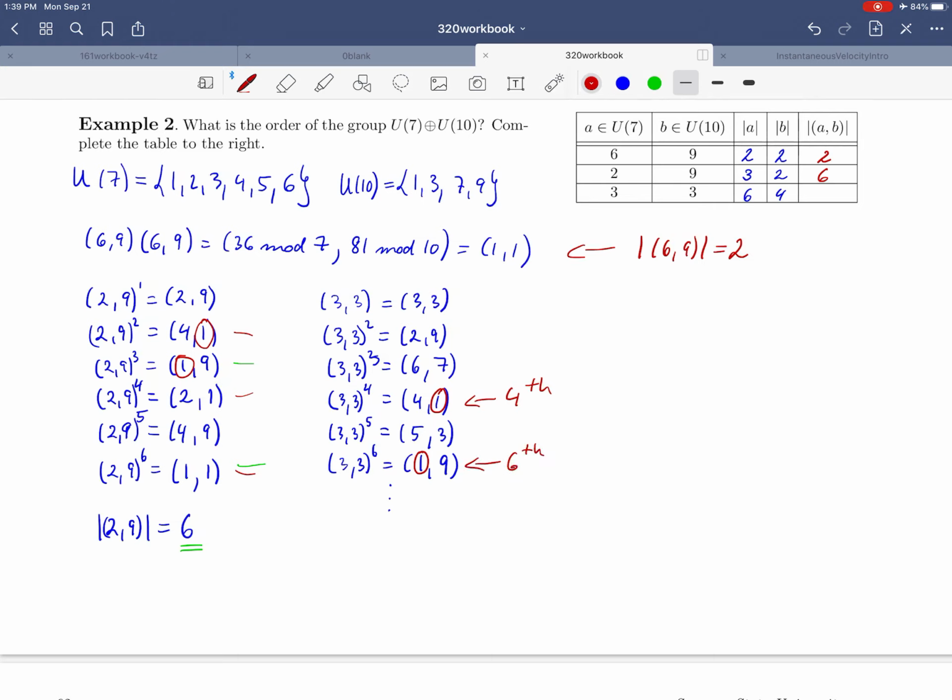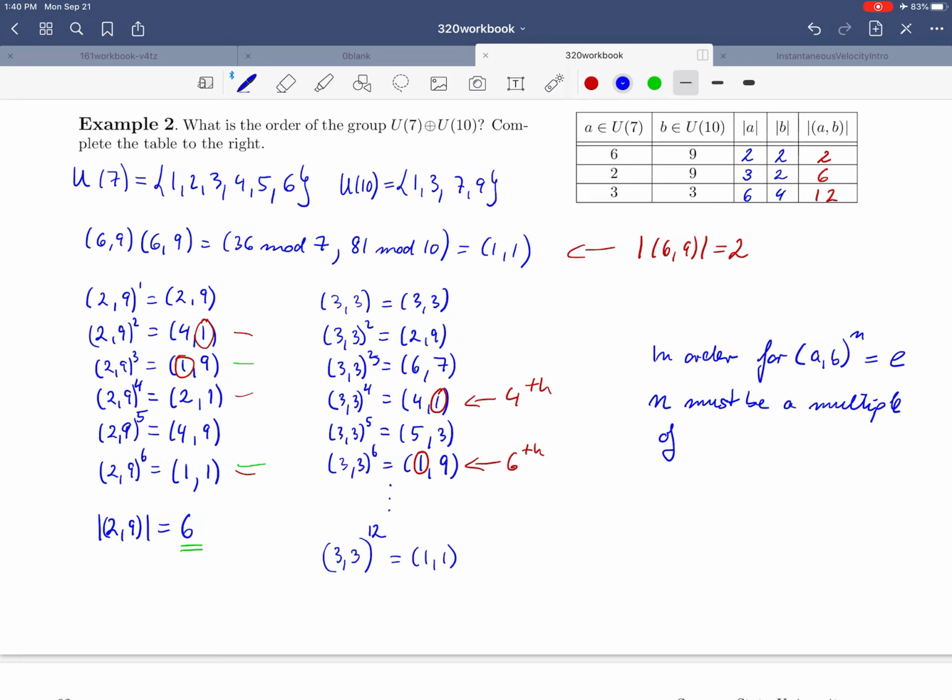So, in order for an element a comma b to the n to be the identity, our power n must be a multiple of both the order of a and the order of b.